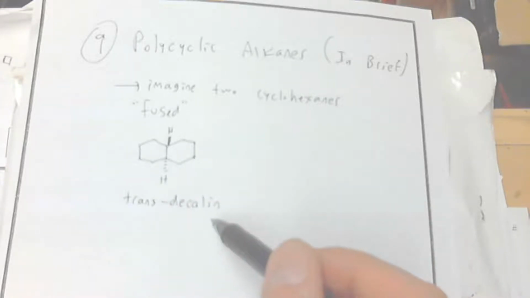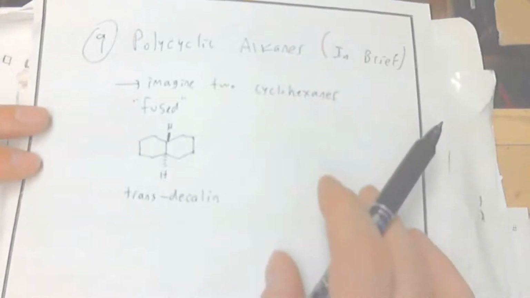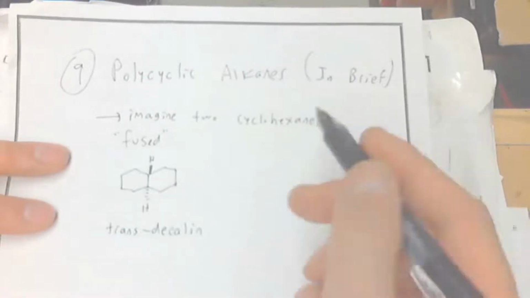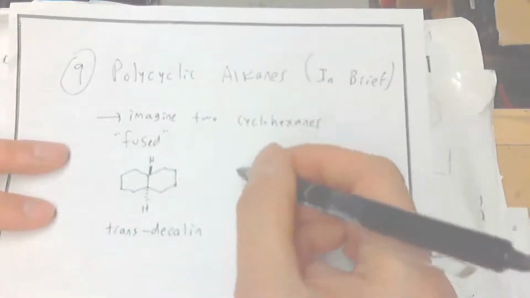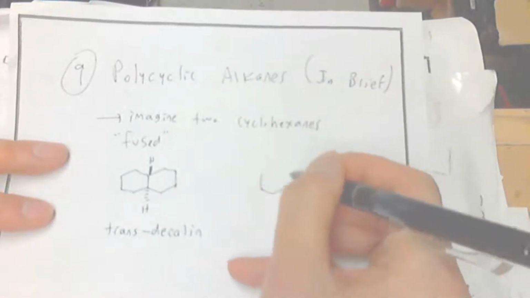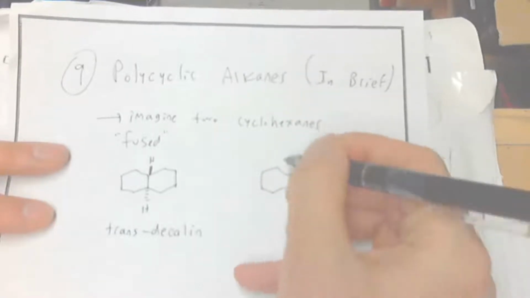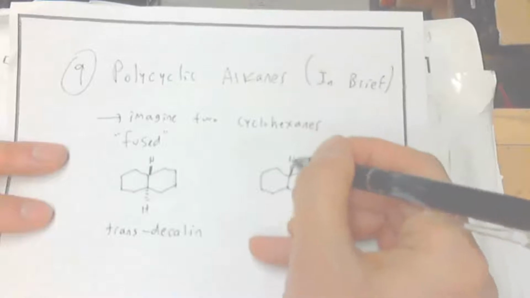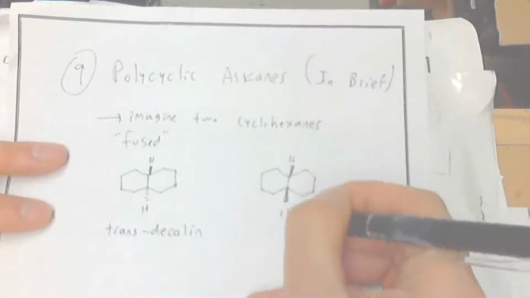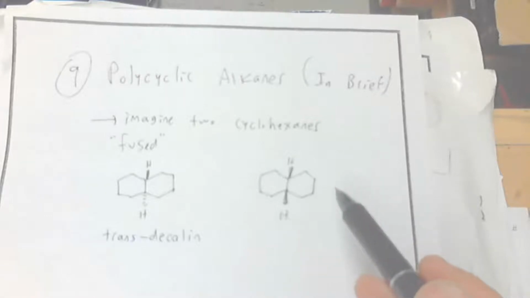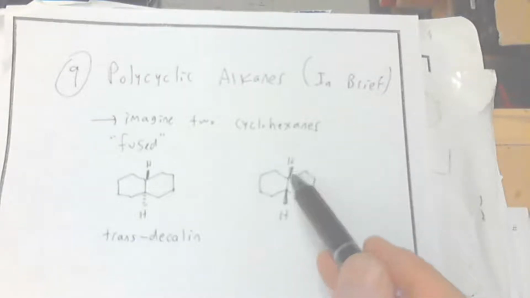Okay, and what's the opposite of trans? Chat it. Cis. That's right. So let's draw the cis version of this also. You can imagine that we'd have 2 hydrogens and they'd be cis, so maybe wedge and wedge, right?